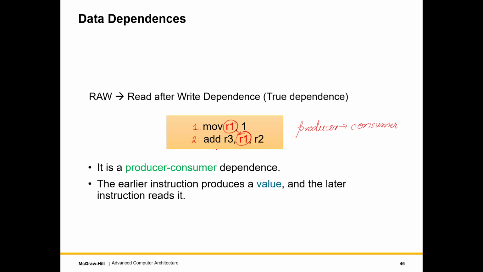In this producer consumer dependence, we found that the consumer always has to execute after the producer. So this order you need to maintain both in an in-order pipeline as well as in an out of order pipeline. Hence this is called a true dependence because there is no escaping. The producer executes first and the consumer executes next.